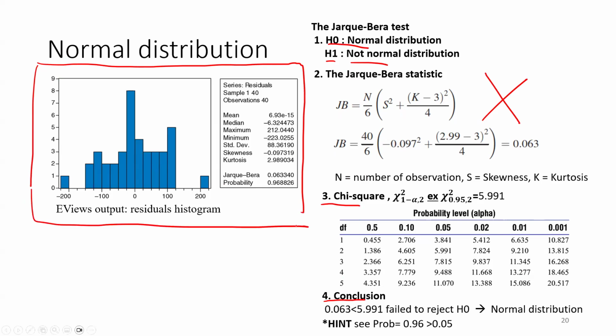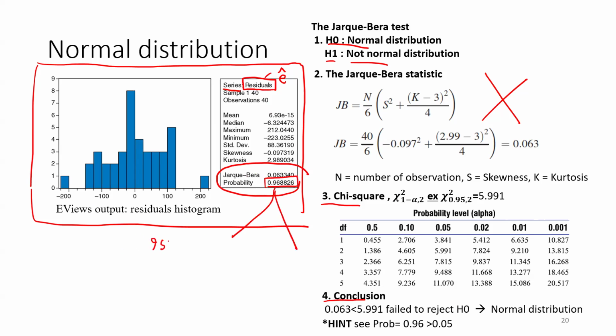Okay, so the keyword is series residual. Residual is error. If you face a similar figure here, please jump to here: Jarque-Bera and probability. You can read the probability here.